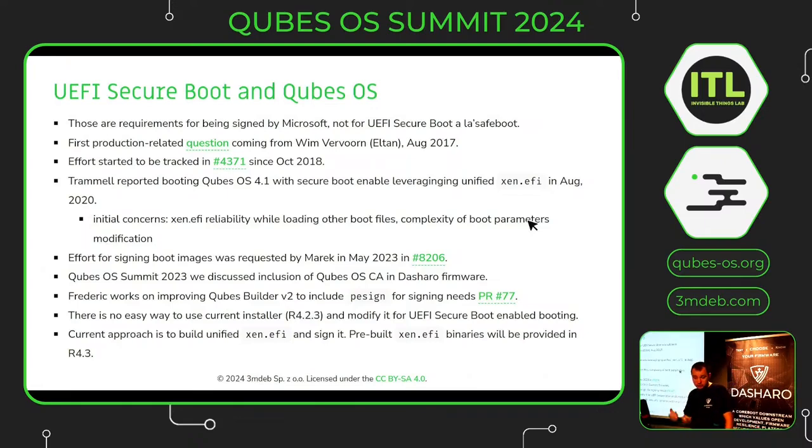Maybe the first question would be, would this be the default boot method, or an alternative boot method? I'm not sure yet. We'll see. But we plan to provide the pre-built binary that is signed with some key, and the user can do something with that, like enroll the key to the firmware, or there are some other options.